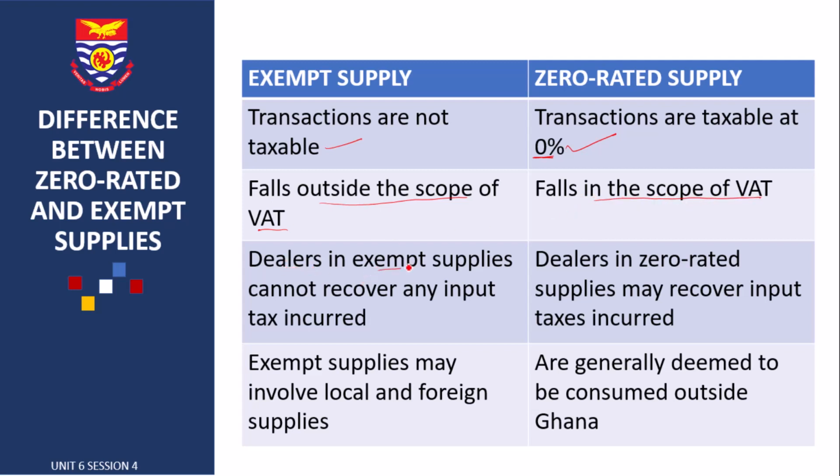Dealers in exempt supplies cannot recover any input tax incurred, while dealers in zero-rated supplies may recover input taxes incurred. Also, exempt supplies may involve local and foreign supplies, while zero-rated supplies are generally deemed to be consumed outside Ghana.